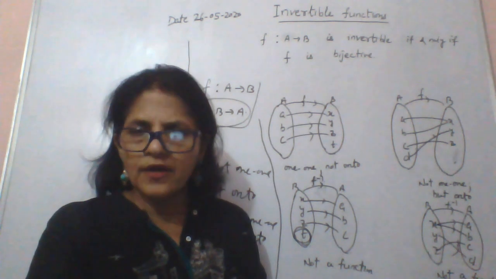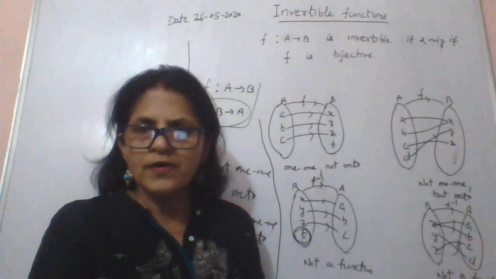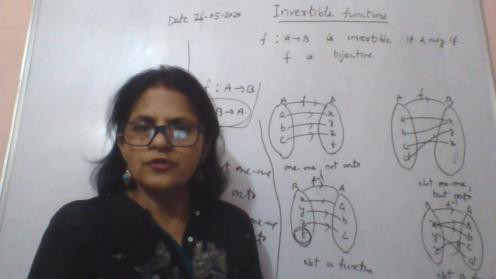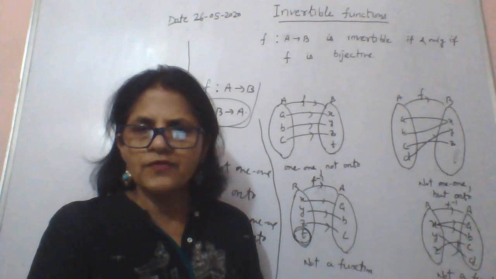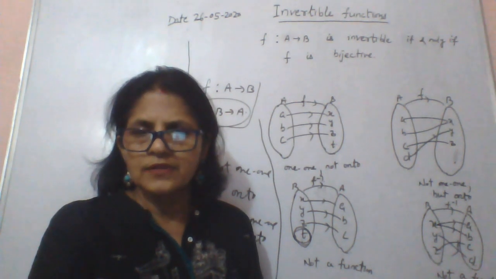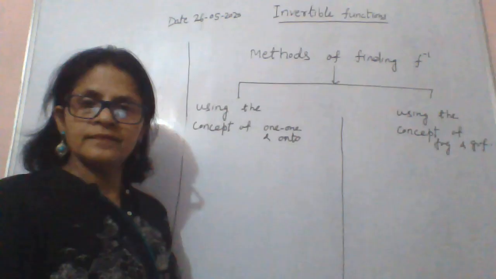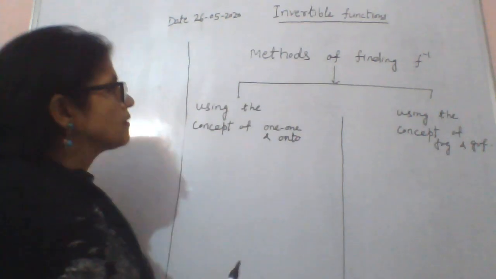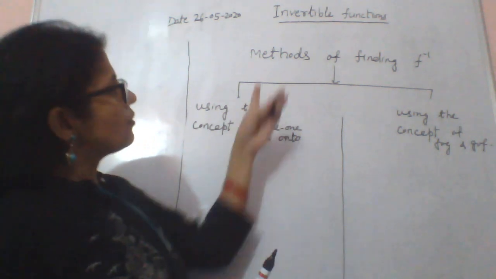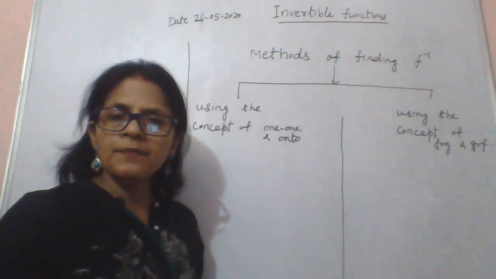So let's find out the inverse of the function, and we have studied composition of functions as well, so let's use it. So coming back to these methods of finding f inverse.